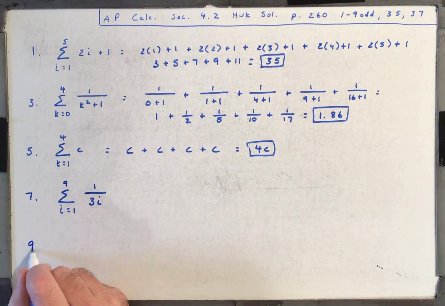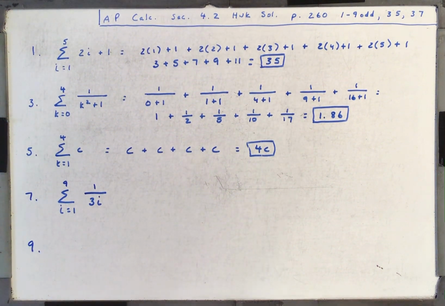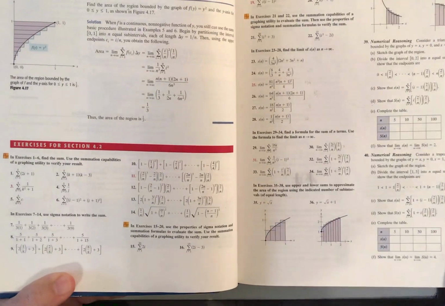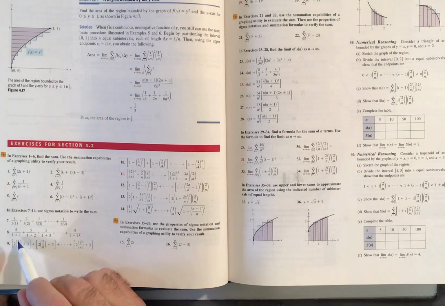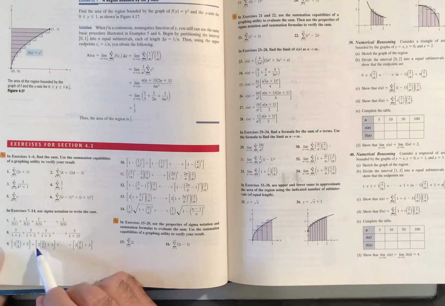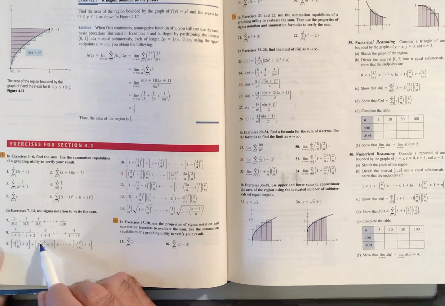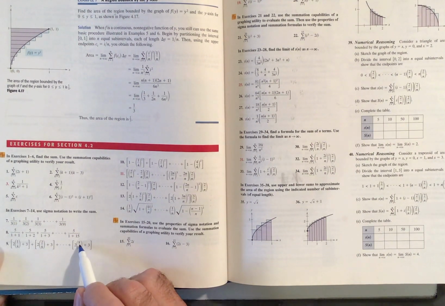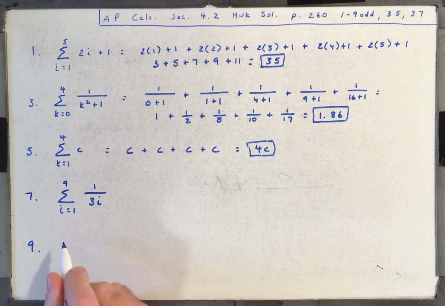And then on number 9, bringing that into view, we have 2 times 1/8 plus 3 plus 2 times 2/8. So what's changing is the numerator of the fraction goes all the way to 8. So we're going from 1 to 8.